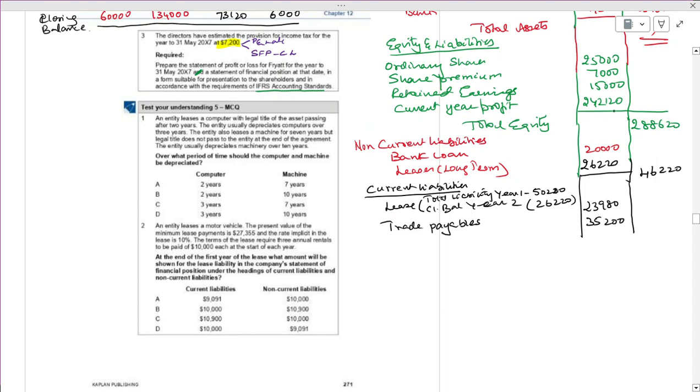Tax. Good. Taxation. How much is the taxation? 7,200. How much is the total? 66,380.